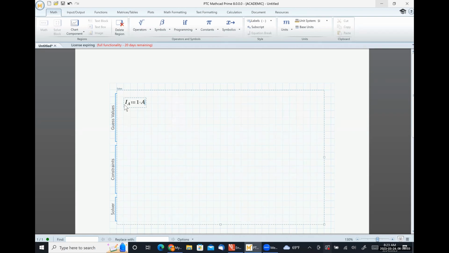Now, if you tried to use a solve block to solve polynomial equations, which it's perfectly capable of doing, the answer it gives you back is going to be the one closest to the guess value you put in. You should expect for a cubic equation there would be 3 answers. This is only going to return 1 of them, and which answer it returns depends on what you put in as your guess value.